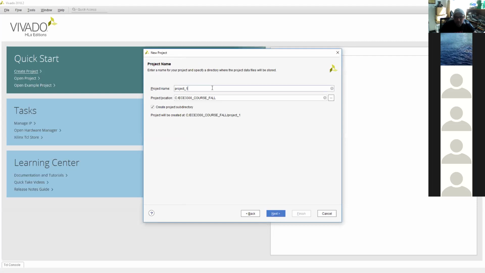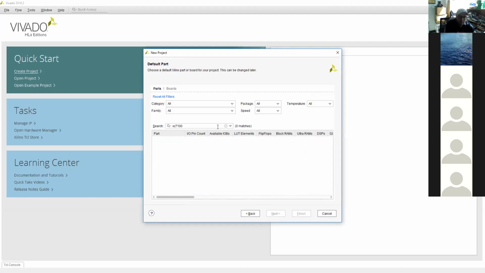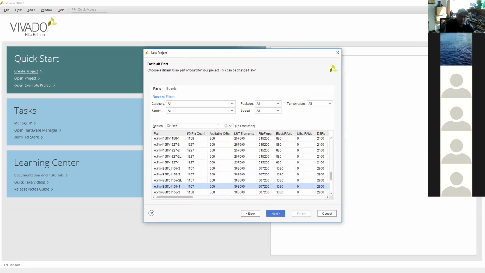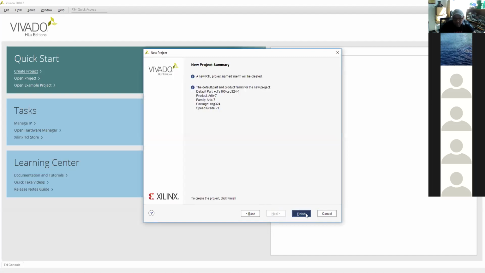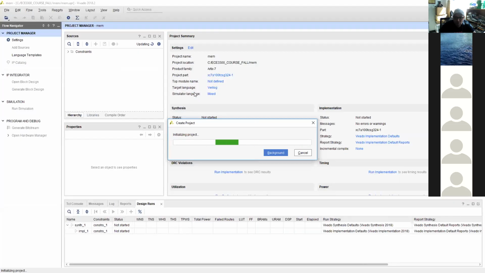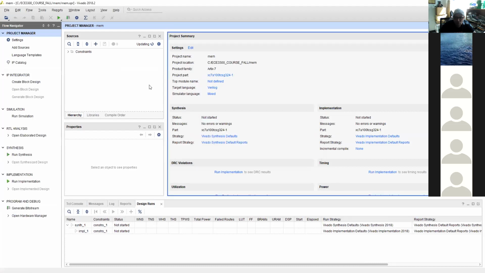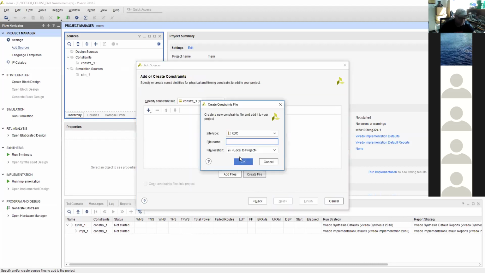Okay, so I will say next, we call it memory, and then RTL project, the XE7A part, finish. Add, create a constraints file.